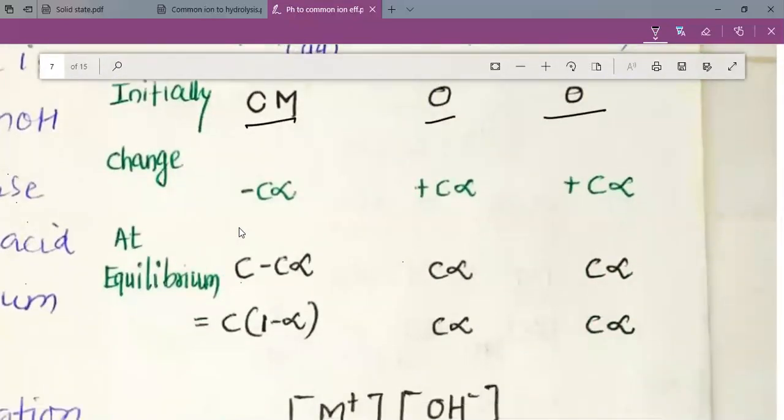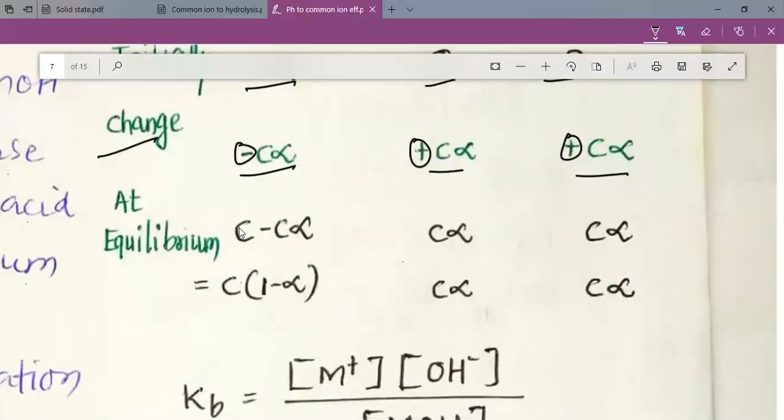Now we understand the change. The concentration of reactant decreases, so we put a minus sign before it and write C alpha. The concentration of products increases as the reaction moves forward, so we put a plus sign and write C alpha and C alpha.